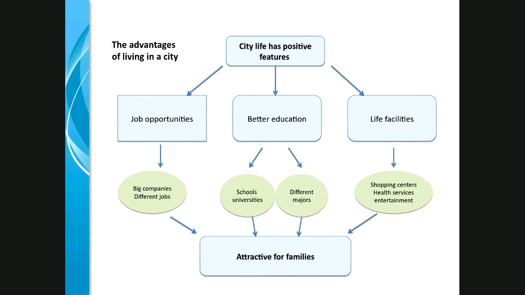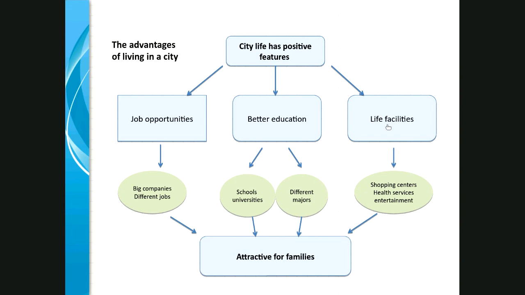So once I've written my main ideas, okay, which are the positive features, so I'm talking about 3 positive features here, I will go ahead and write a supporting statement or sentence for each of those ideas. So here I put big companies, different jobs.